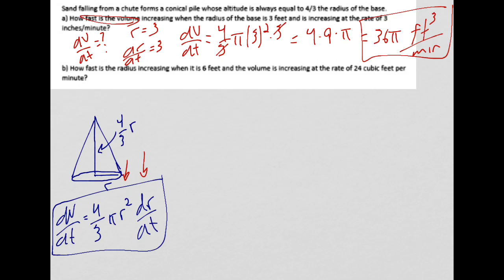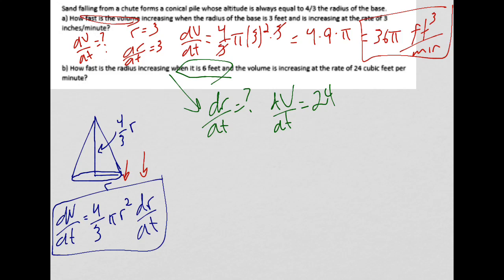So, this one, how fast is the radius increasing? So we're looking for dr/dt. When the volume is increasing, so that's dV/dt, at a rate of 24 cubic feet per minute, and the radius is, so r is equal to 6.